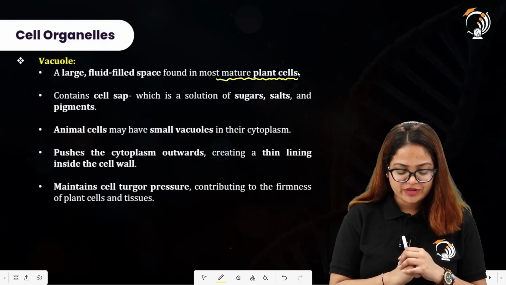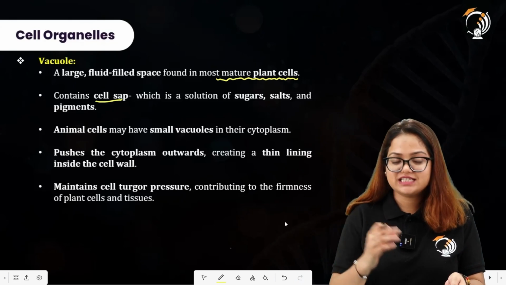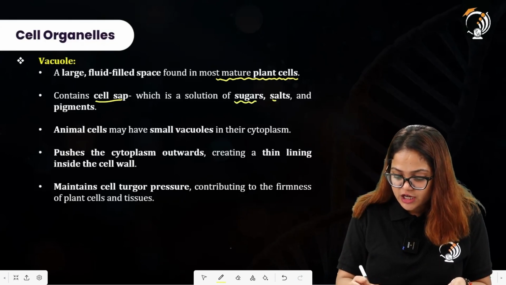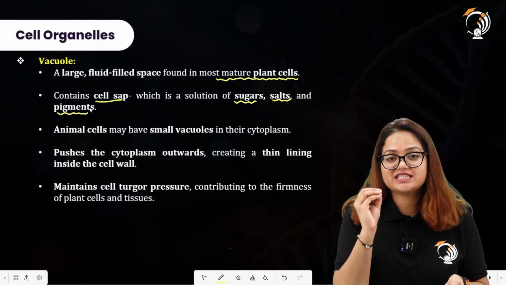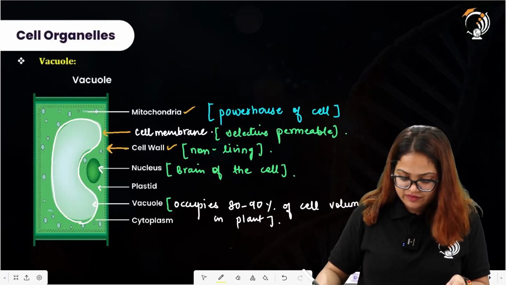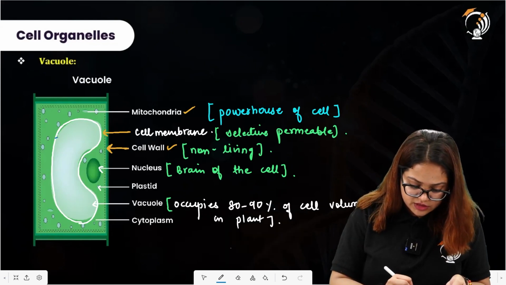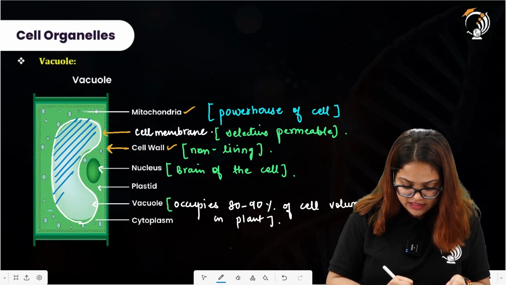It contains the cell sap. So what is the cell sap present in the vacuole? It is a solution of sugars, salts and pigments that constitute the cell sap. Here we have the cell sap located in this region.